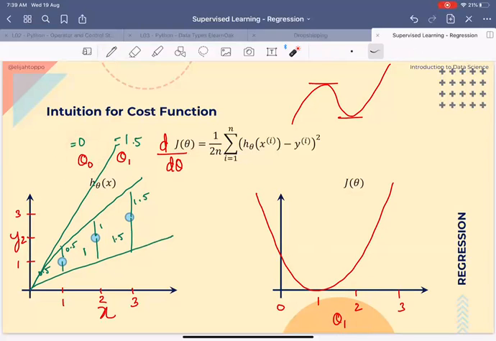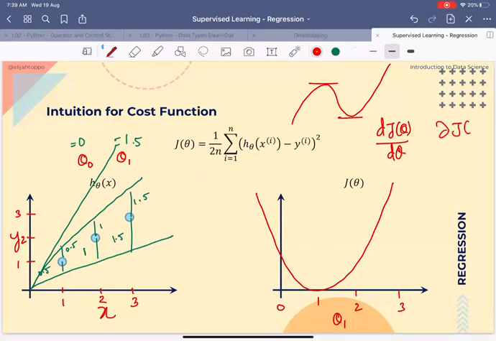But when I have multiple dimensions, so h of theta has theta 0, theta 1, theta 2, theta 3, then I have to do something called partial derivatives.